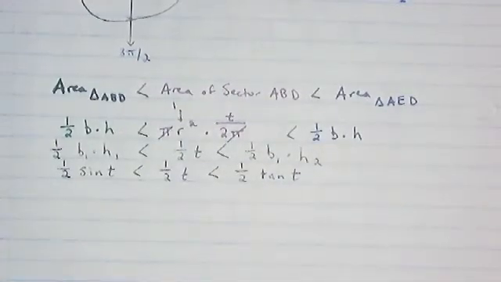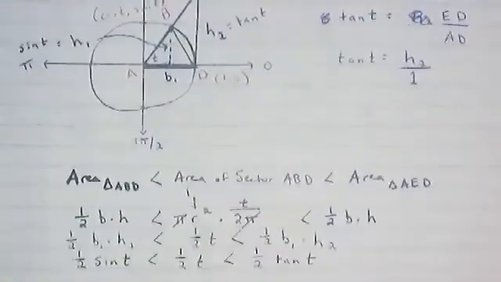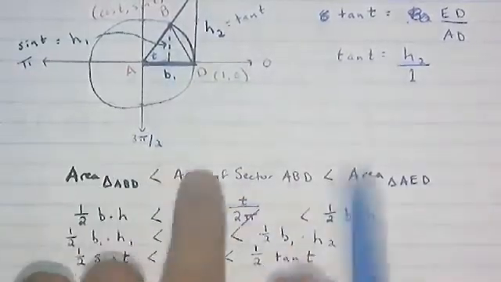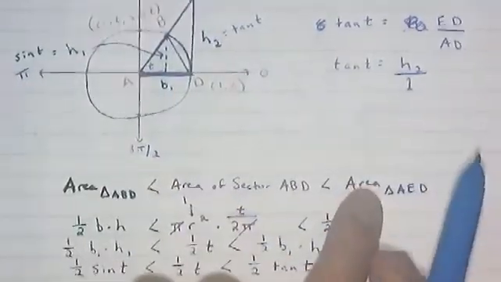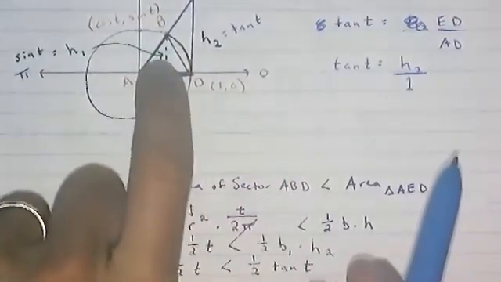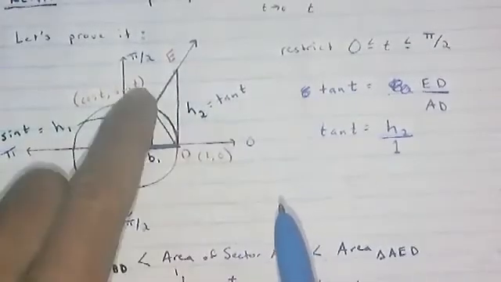So this is pretty awesome because now we have confirmed what our intuition was telling us, that this relationship between the small triangle, the sector, and the big triangle is independent of the size of our angle. No matter what we choose for t, this will be true. t can be super, super small, or it can be 89 degrees. It'll still hold true.